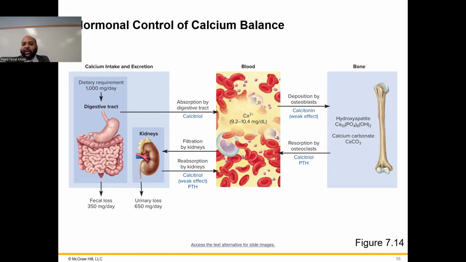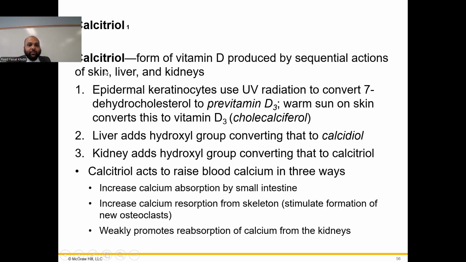While calcitonin is going to take calcium from the blood and build up the bone. That's very important. Calcitonin will take calcium from blood, dump it in the bone when there's too much calcium. And PTH, when there is too little calcium in the blood, will take it from the bone with the help of calcitriol, who's going to bring in calcium from the intestine.